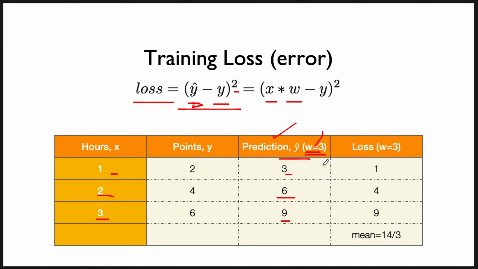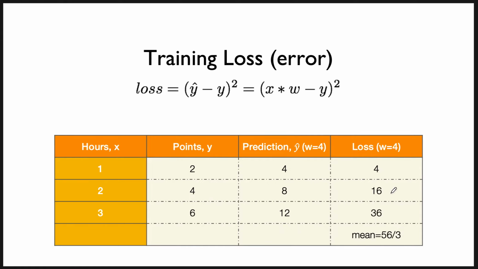Once we have this y hat, we can compute the loss, especially finding the differences and squaring. For example, here the difference is 1. 1 squared is 1. And here the difference is 2. 2 squared is 4. And here the difference is 3. 3 squared is 9. What we are going to do is average the sum, the sum of the loss.